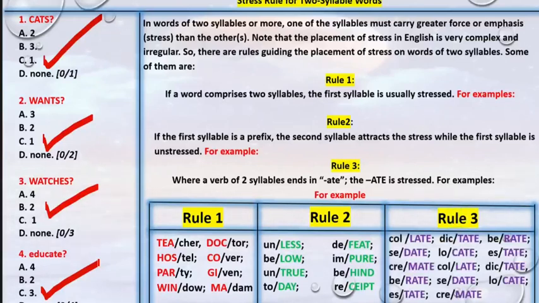So the rule is that once it is a 2-syllable verb that ends with ATE, then of course the ATE carries the stress. So collate, sedate, cremate, berate, and so on and so forth. You have the dates, you have berate, state. I've just repeated some of them.